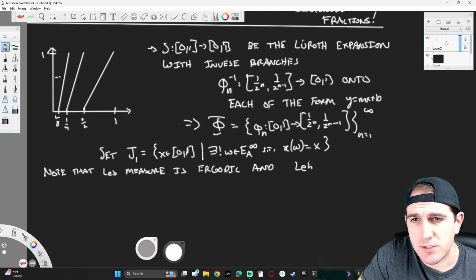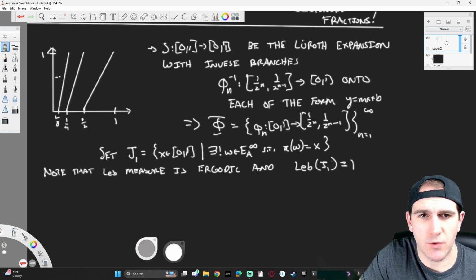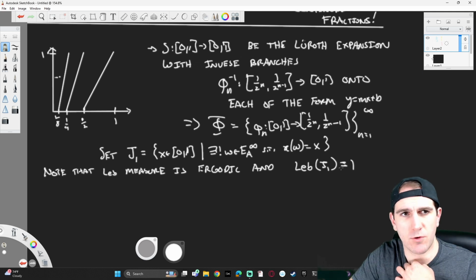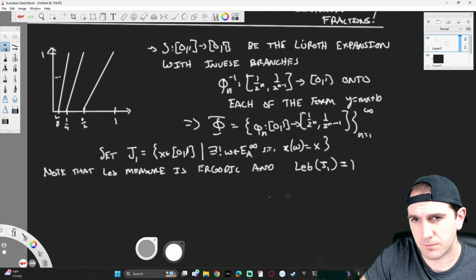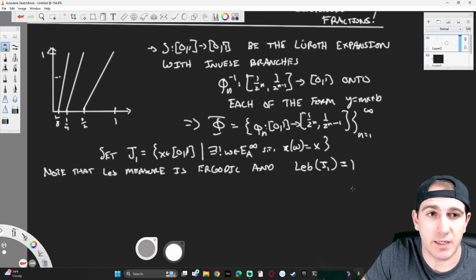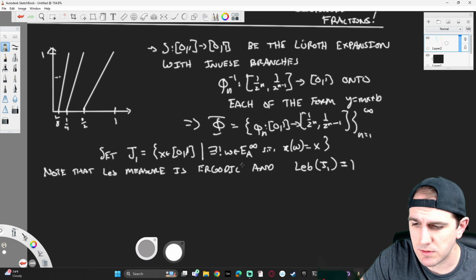And the Lebesgue measure of this set of unique coding points is going to be 1 because we satisfy the strong open set condition, and our conformal graph-directed Markov system is finitely irreducible. In fact, it is a conformal iterated function system because there are no restrictions between symbols.